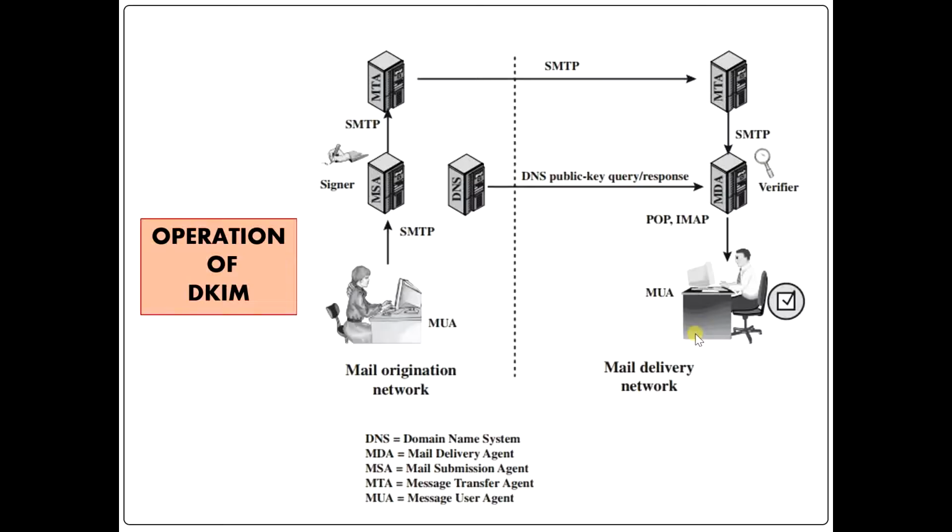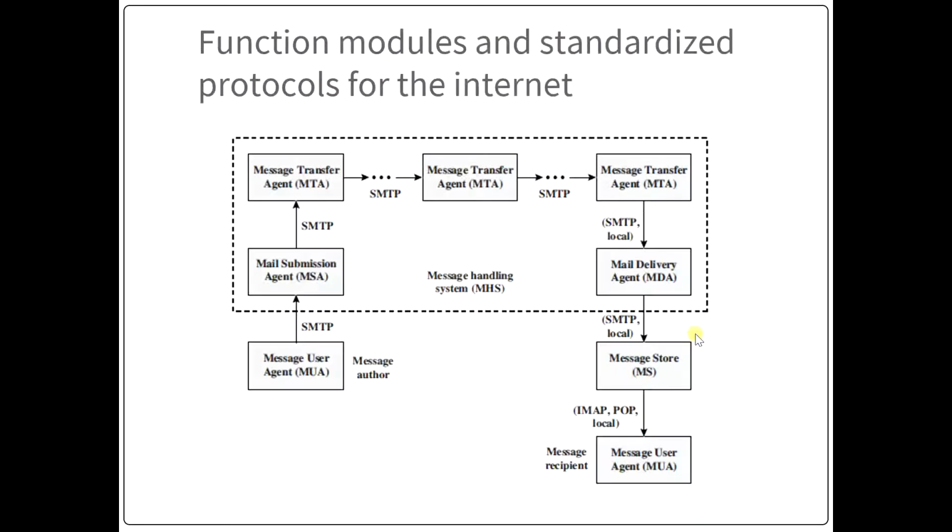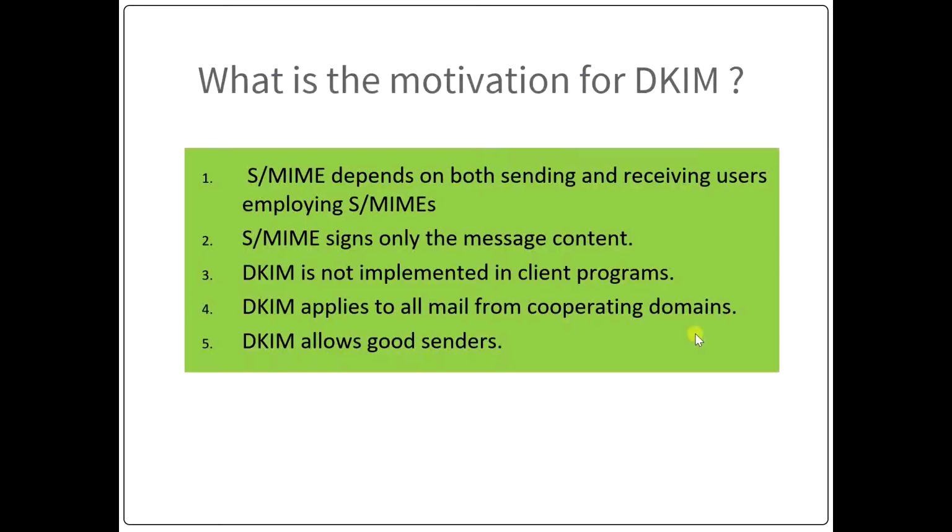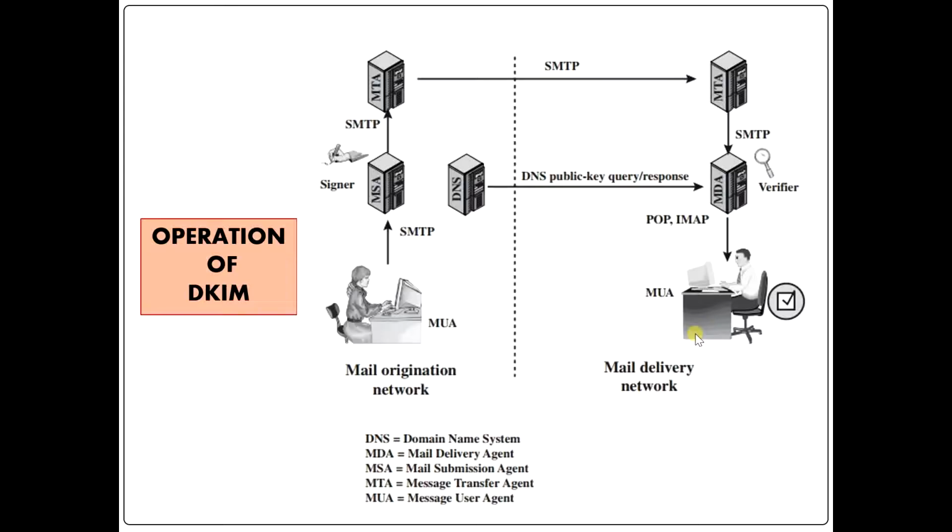If you look at this particular operation and the diagram shown here, it is equivalent to the earlier diagram, which has the various key components. Here they are explaining the entire operation of DKIM, but they have not specified exactly where the connections between the MTAs are made, nor the MHS and all that.